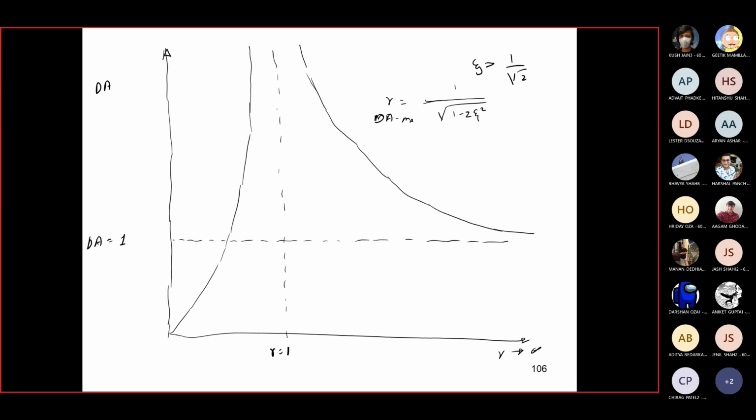So as zeta increases, if you remember, the magnification factor peaks shifted to the left. So can you tell me what will happen to these peaks when zeta increases?